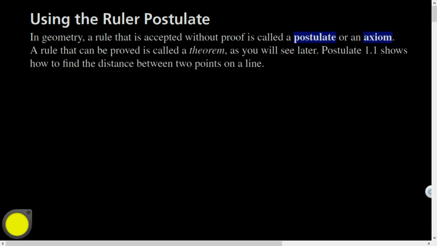Today we're talking about section 1.2, measuring and constructing segments, and we're talking about this cool idea right now, the ruler postulate. It says, in geometry, a rule that is accepted without proof is called a postulate or an axiom. Now, throughout geometry, because geometry, like other branches of mathematics, is discovered, it's innate within our universe.